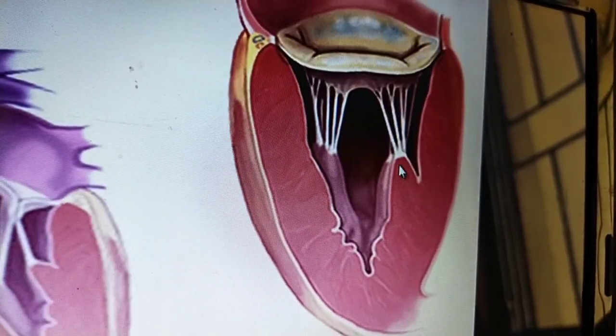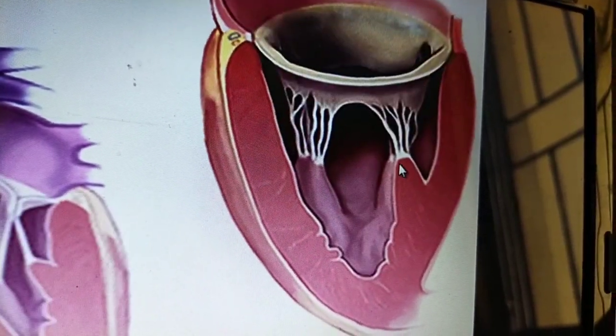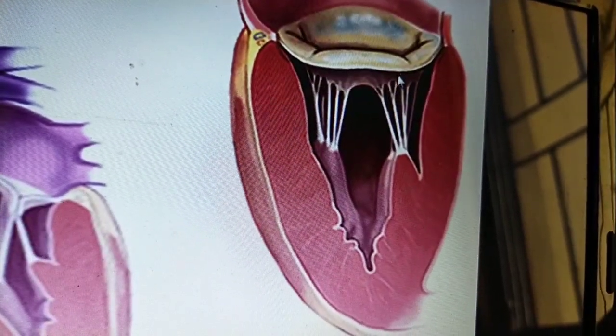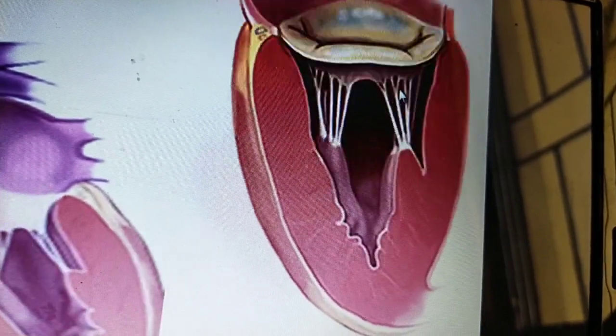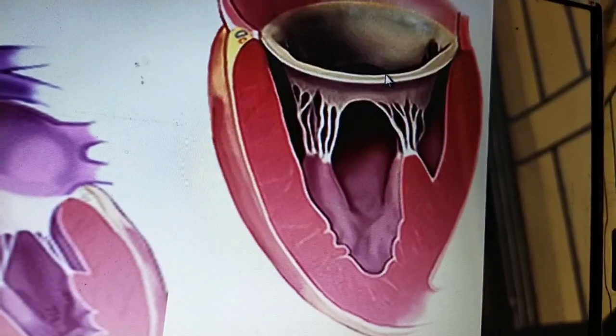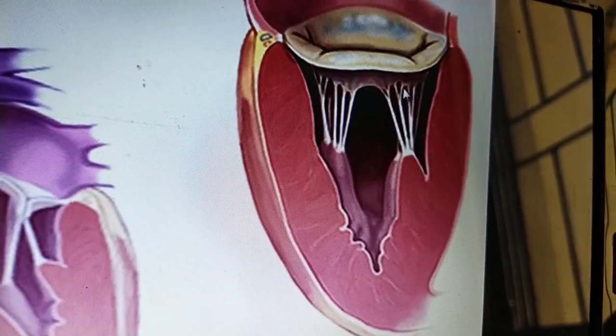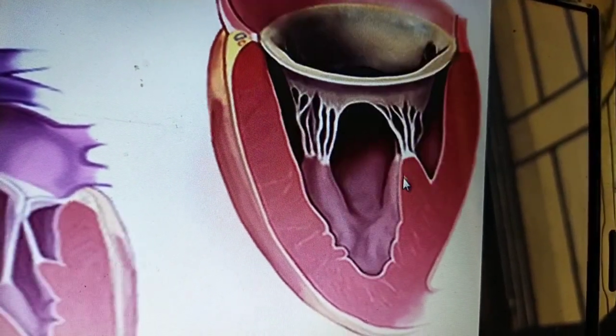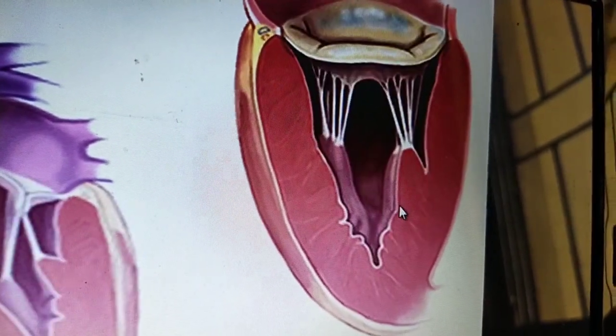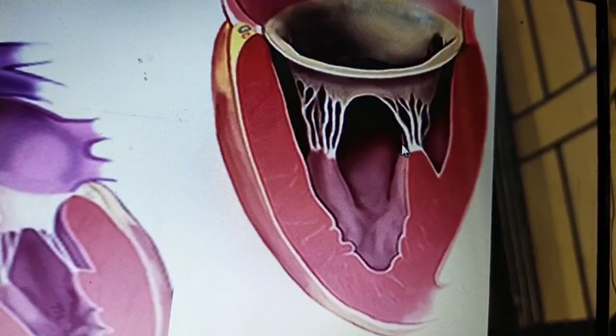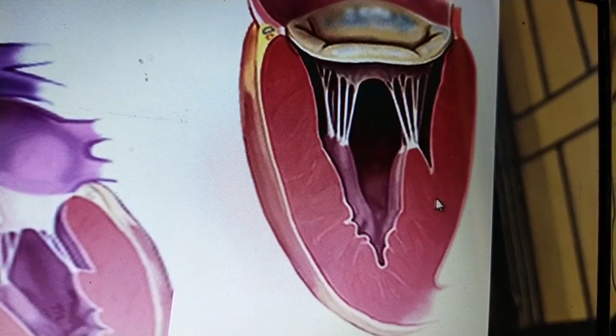These chordae tendineae anchor the wall of the heart. And papillary muscles are nothing but the long projections of the wall of the ventricles.